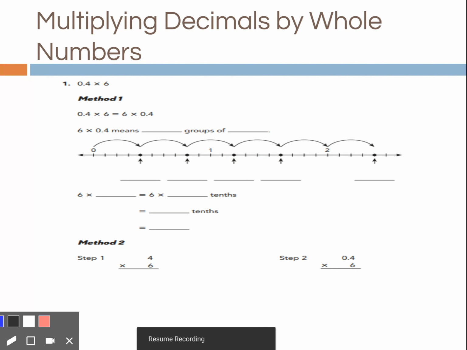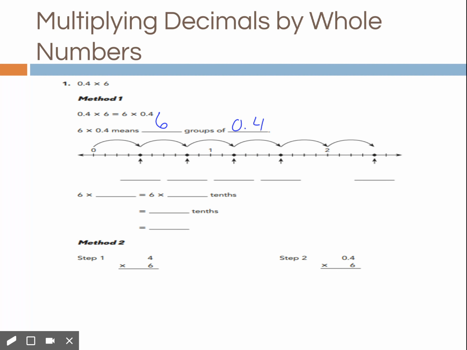So let's do some practice using both methods. 0.4 times 6. So 6 times 0.4 means 6 groups of 0.4. So on the number line, we would label every fourth dash after 0 in between whole numbers with an interval of 0.4.